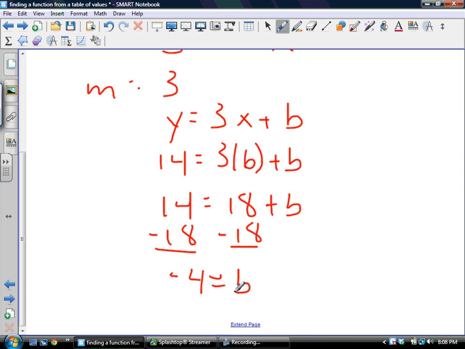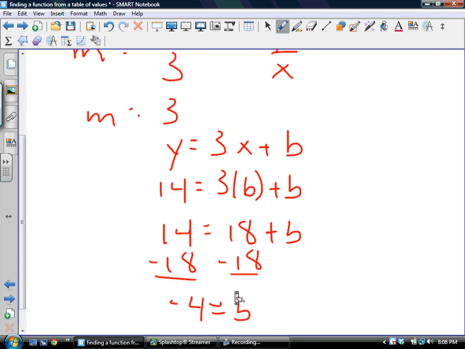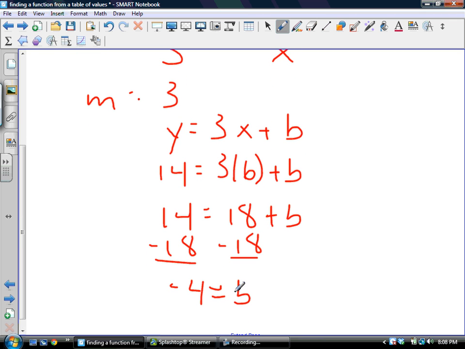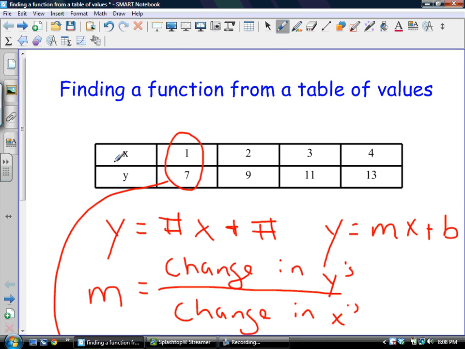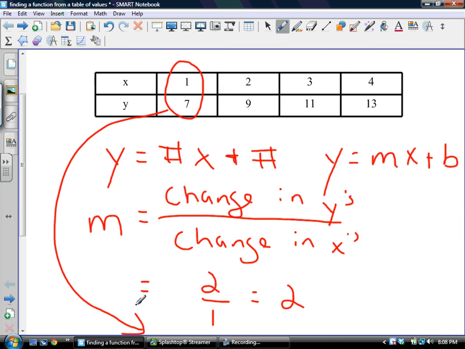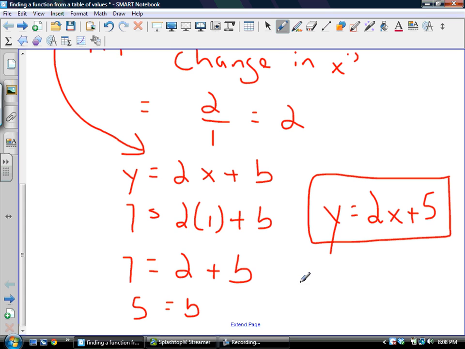So b is negative 4, so the way I write that in the equation now is I just write y equals 3x, and this is a negative 4 over here, because b came out negative, I'll just write 3x minus 4. So if b comes out positive, like the first one did, then we write a plus, whatever b is.